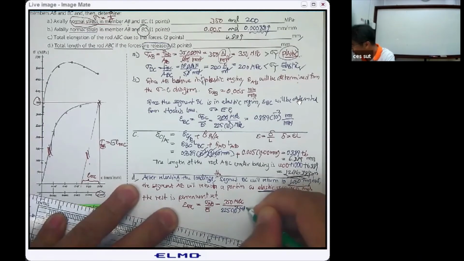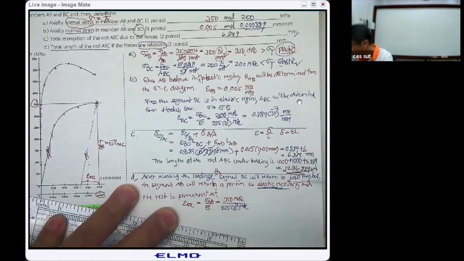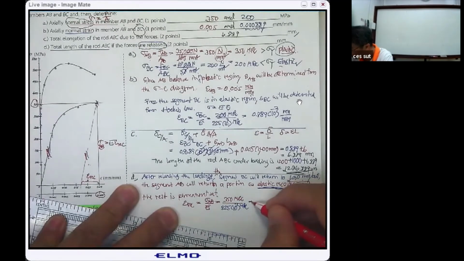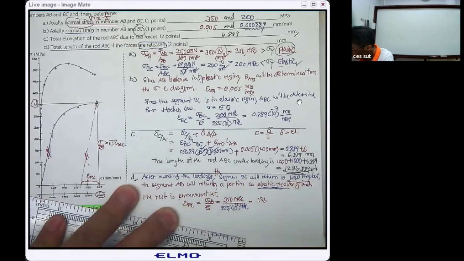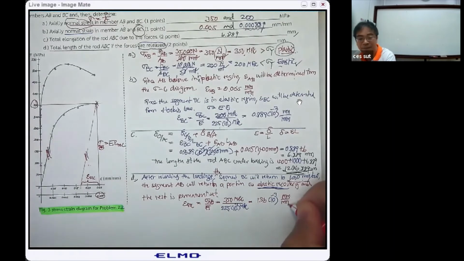By doing this, you get the recovery strain of 350 divided by 225, that is going to be 1.56 times 10 to the power of minus 3 millimeter per millimeter.